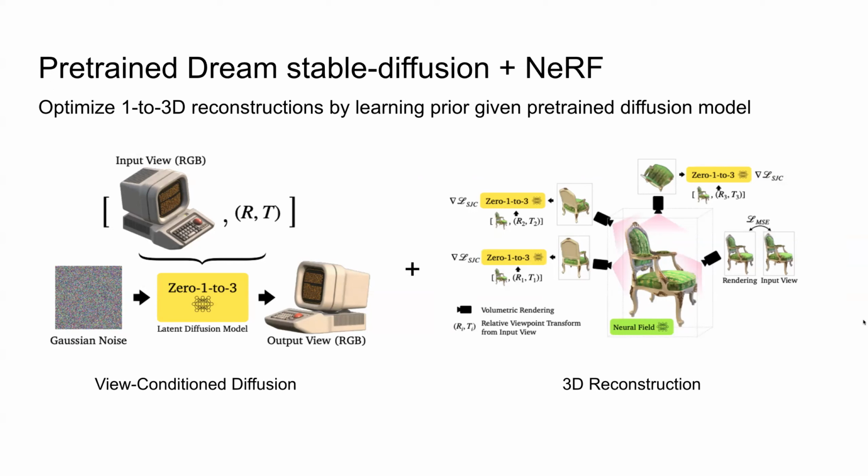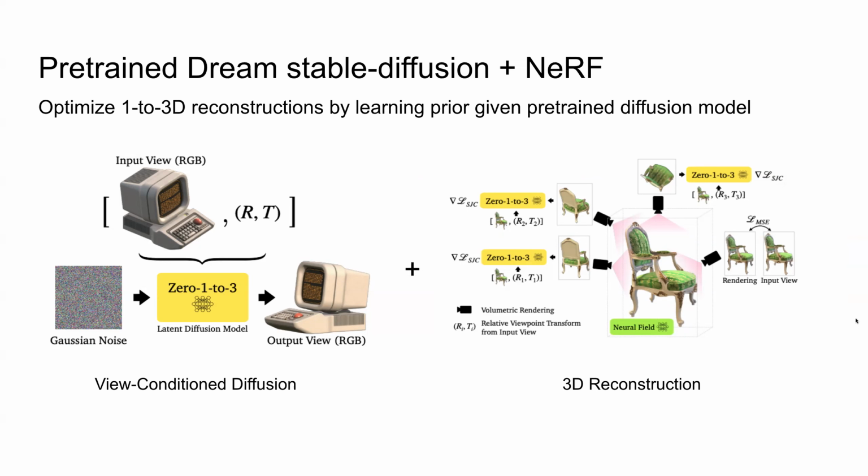This leads to an output view, a new perspective of the original image, under supervised learning. It is used for optimizing One-2-3 NeRF reconstruction guided by the model's learned geometric priors. The result is a sophisticated 3D reconstruction from one single flat image, crafted in under a minute of processing.